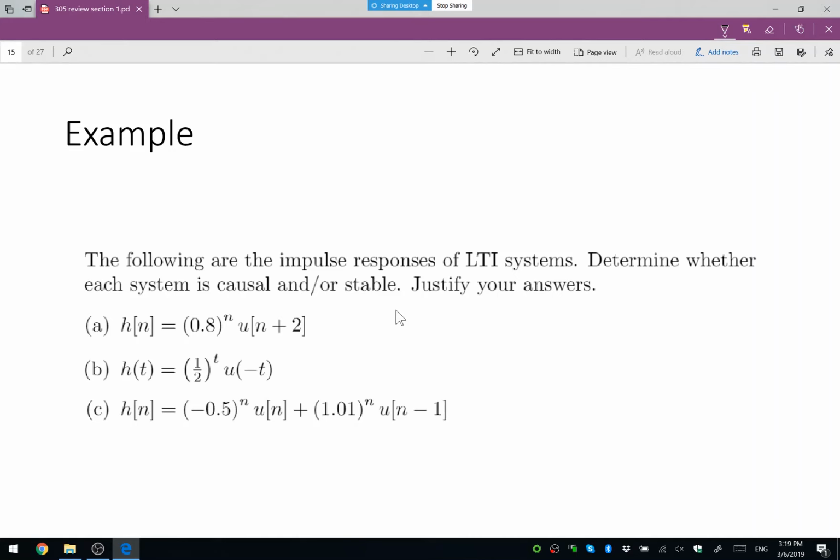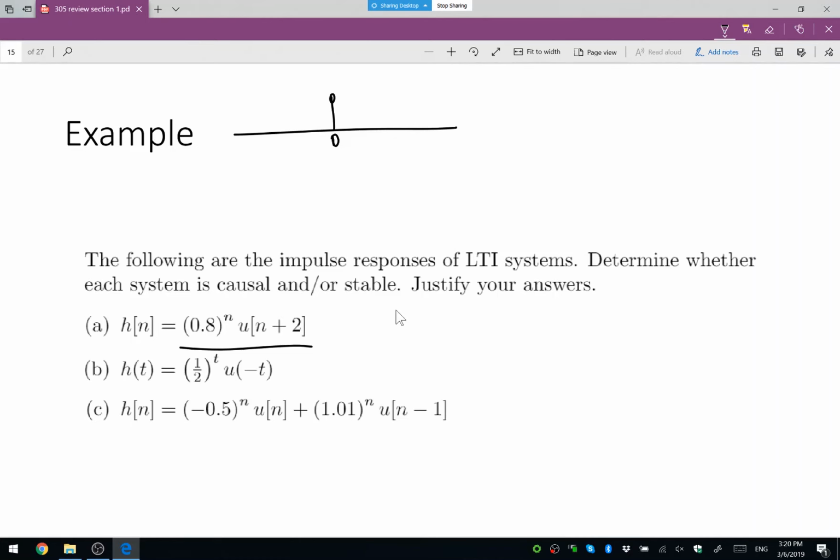So let's first talk about the causal part. For h[n] equal to this one, this is the output, and the input is an impulse signal. It's only non-zero at 0.